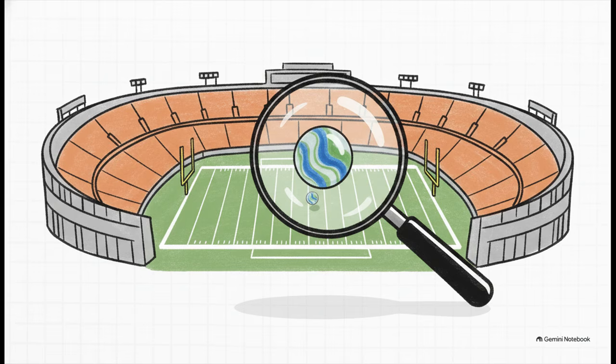Right at the very center is this tiny, dense core we call the nucleus. If the whole atom were that massive stadium, the nucleus would literally be the size of a single little marble sitting right on the 50-yard line. And crazy enough, that tiny marble holds almost all of the atom's weight, while the rest of the stadium is just vast, empty space where incredibly small particles zip around.